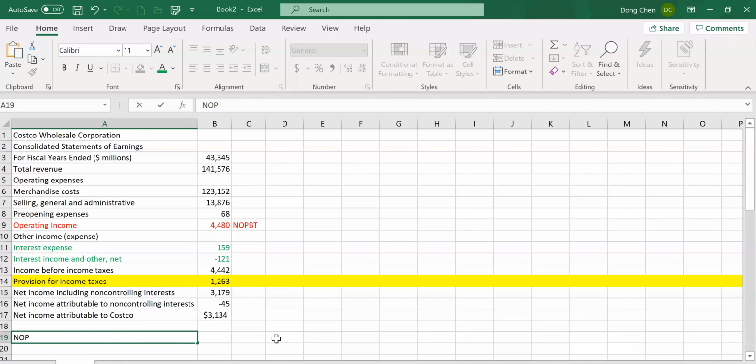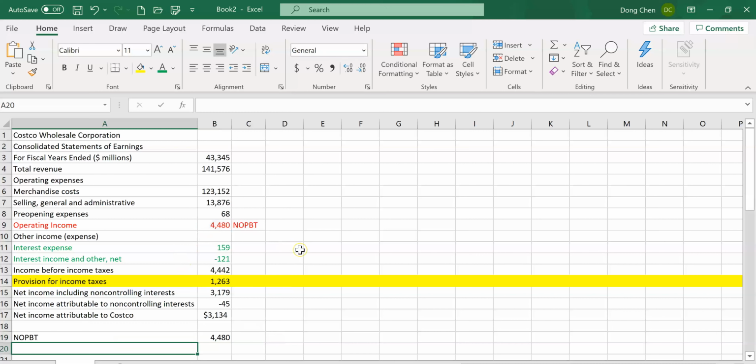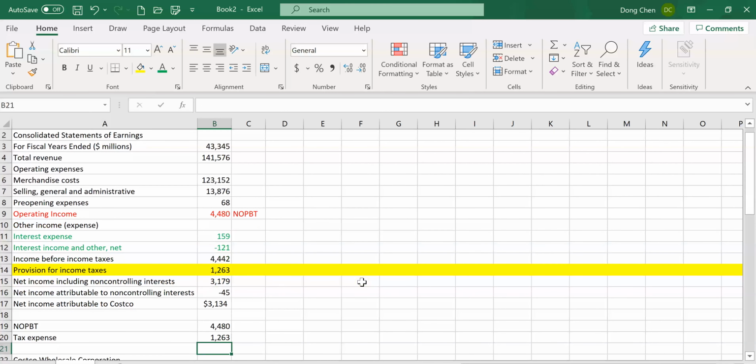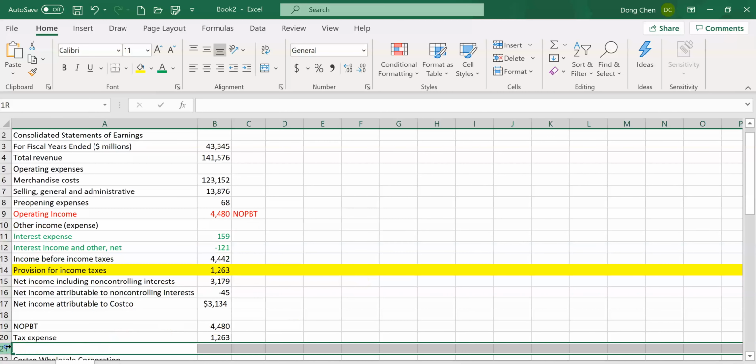So start from NOPBT, which equals operating income. Then we need to deduct the tax on operating profit. We start from tax expense, which is the provision for income taxes here. Then we need to add more rows.